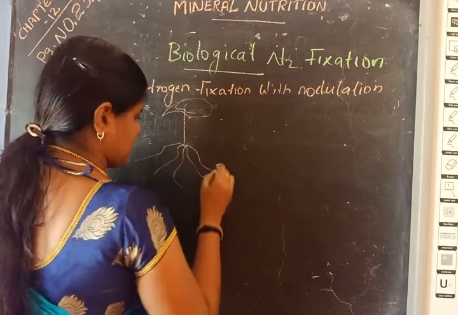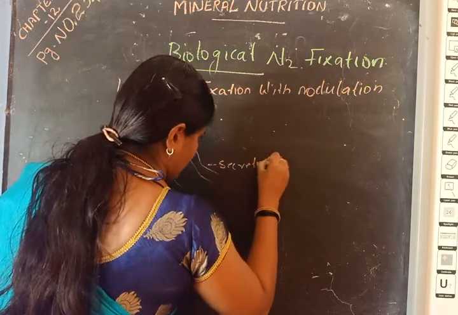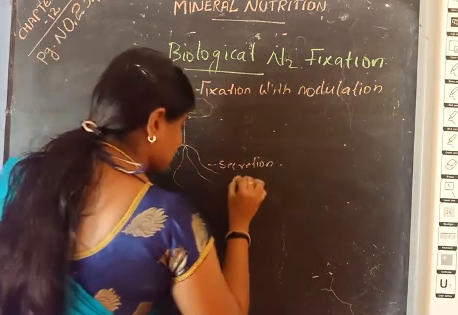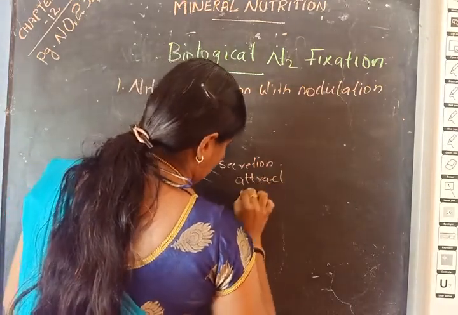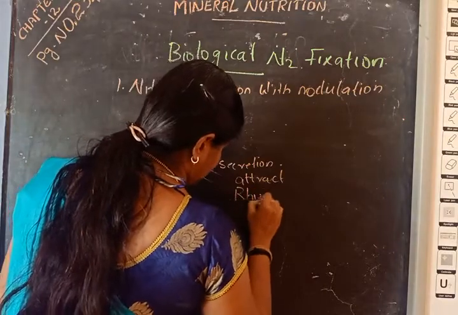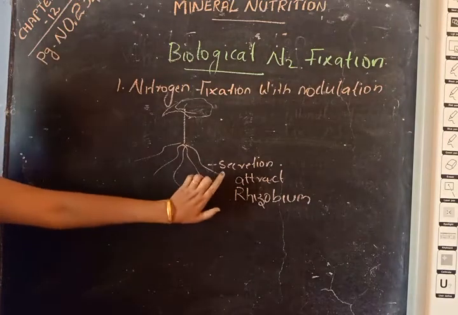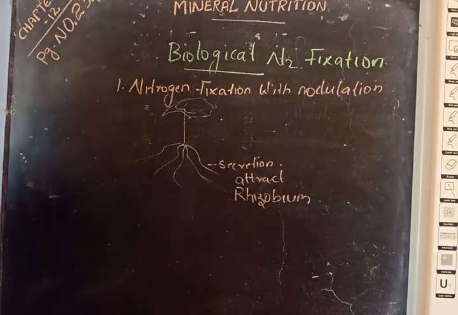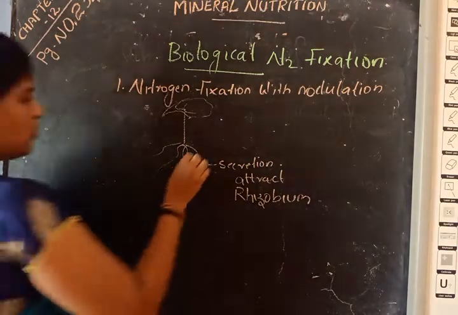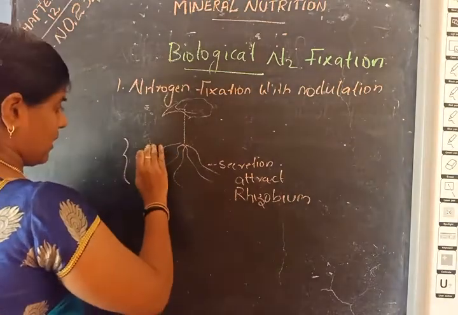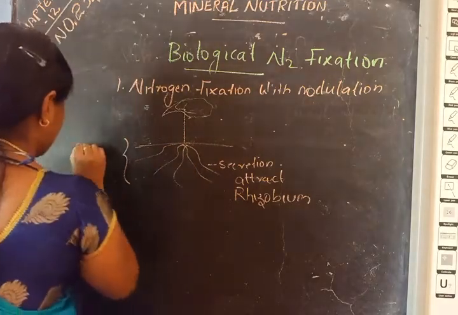So in this leguminous plant, the root cells may produce some secretions which will attract the Rhizobium bacterium. This Rhizobium reaches the rhizosphere. Rhizosphere is nothing but the roots inside the soil. This area is called the rhizosphere.